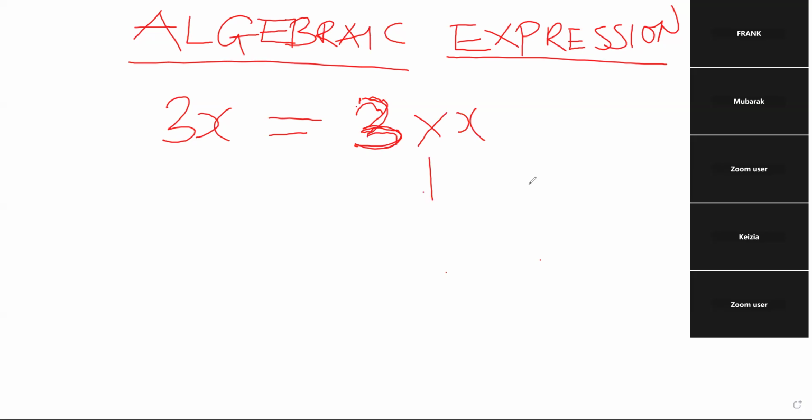So the operation sign is multiplication. The number is here, and then the variable is here.